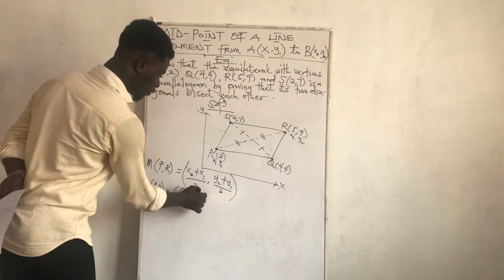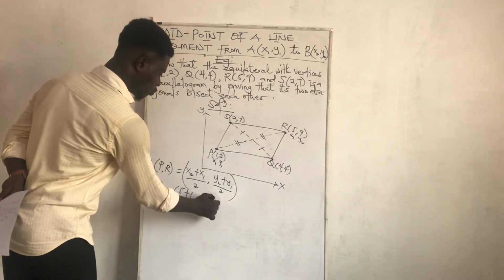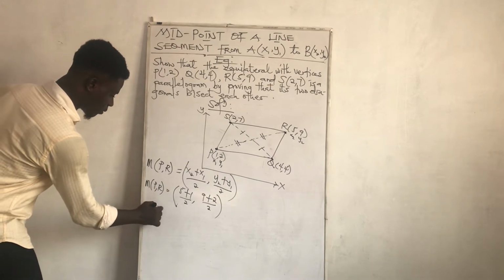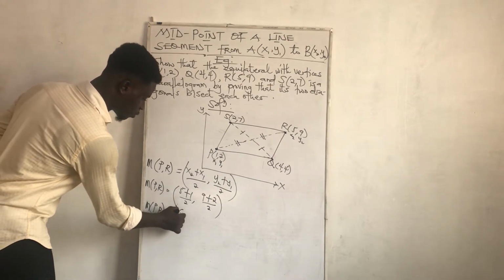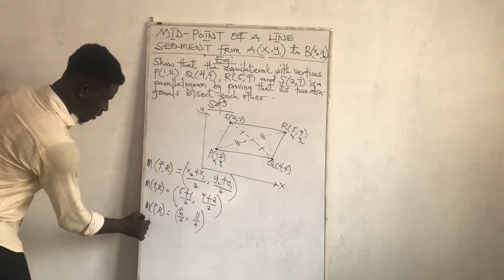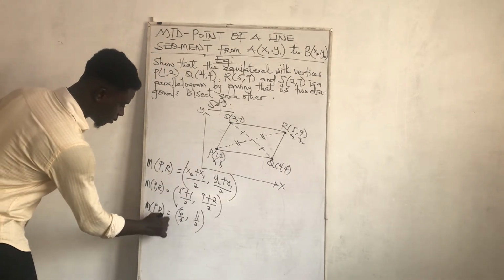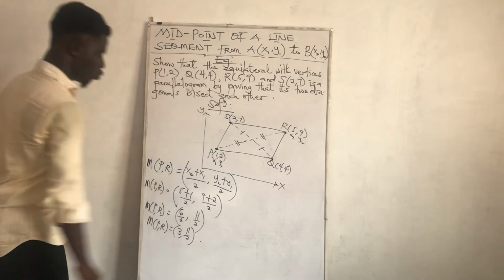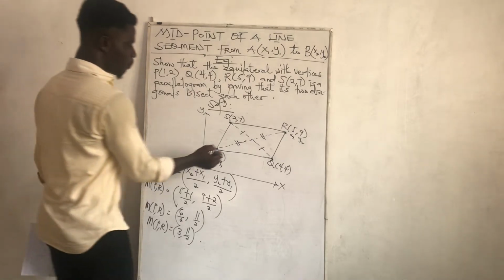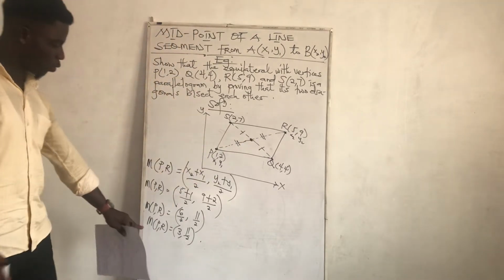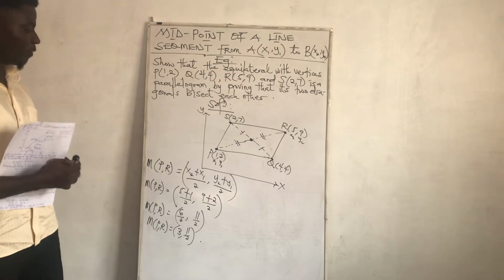Then Y2 gives 9, plus Y1 gives 2, all on 2. So I have the midpoint of PR being equal to 6 on 2, then 11 on 2. So the midpoint of PR must be equal to 3, then 11 on 2. That's the midpoint.